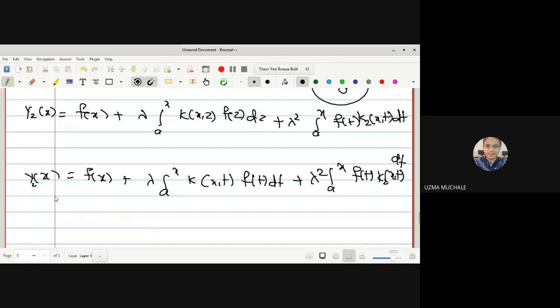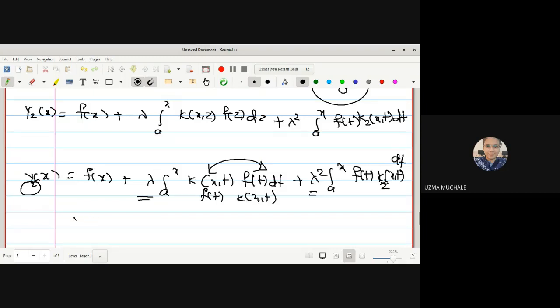Okay. Now you can see here for y2 we have two terms, lambda and lambda square. You can observe here, if I write this replacing the position of f of t in k of xt, I can write this as f of t into k of xt. So the first term is lambda f of t k of xt and the second term is lambda square f of t k2 of xt.